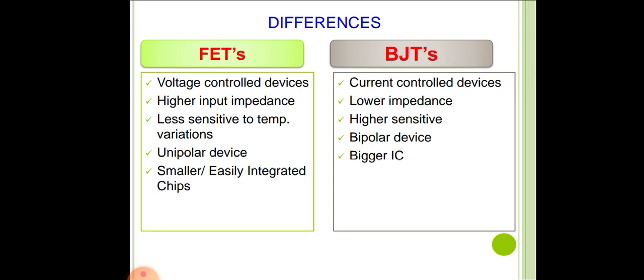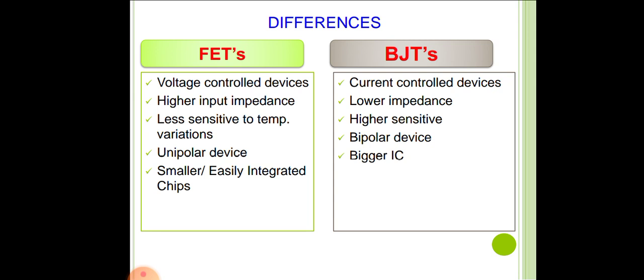FET is basically a voltage controlled device, BJT is a current controlled device. FET has higher input impedance, BJT lower impedance. Impedance means the ratio of voltage and current. So FET has high input impedance and BJT has low input impedance.